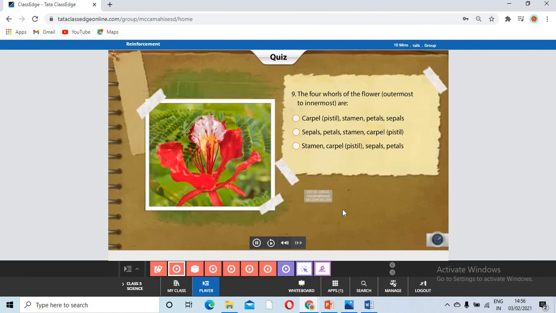Okay, next I want Deekshita. Deekshita is there? Yes, miss. Now you answer this. The four whorls of the flower, from outermost to innermost, which is the correct one?